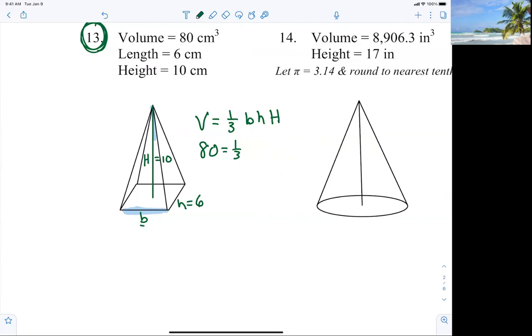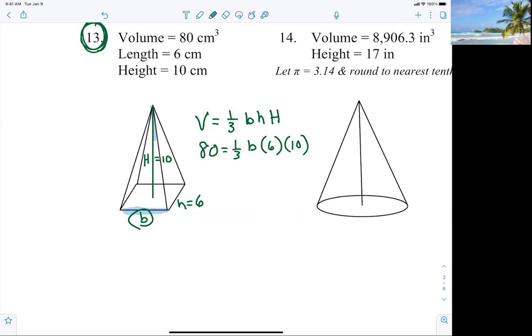And so we're missing this one. Does everybody agree? So it's just 1/3 times B times 6 times 10. Yeah, I just don't like when they're not consistent about the base and height is the same as the length and width. Is everybody with me on that? We've talked about that before.